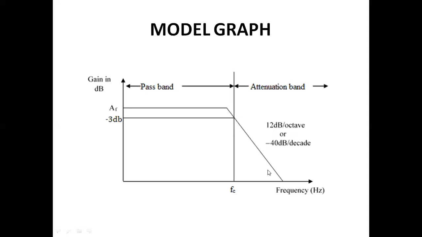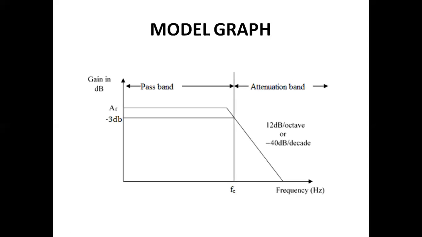What is our aim when we want to reject? We want the output to come abruptly to zero in the reject band. That will happen if we increase the order of the filter. As we increase the order of the filter, the rejectivity in the reject band, or attenuation band, is very good. So that gives us the order of the filter.